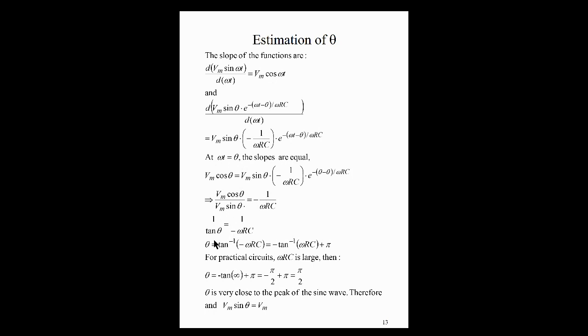We can write a generalized solution for this: theta would be equal to the tan inverse of minus omega rc plus pi. So that's the generalized solution that we have.